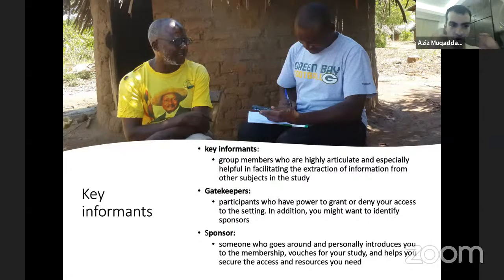Either they are really good note takers, or they understand the language of the people you're studying, or they're more familiar with that community. Then we also have gatekeepers, and those are participants who can grant you or deny you access to a group.